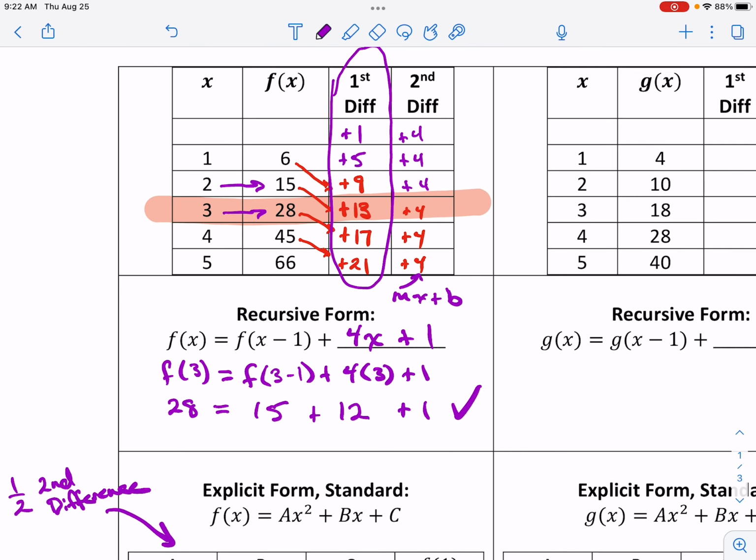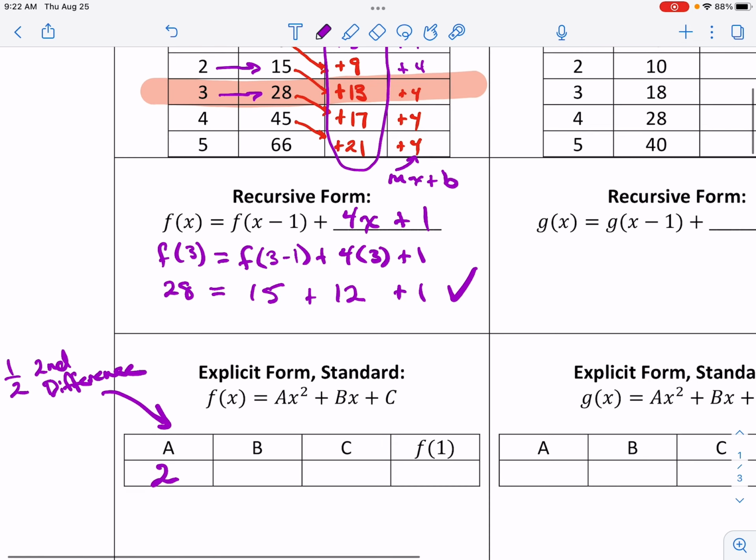C is our 0 term, so I need to go back and finish filling in the table, follow the pattern back. So I added 5 to something to get 6, so it must have been 1. 1 plus 5 is 6. C is 1. C is the 0 term.